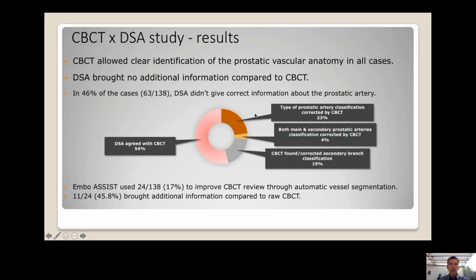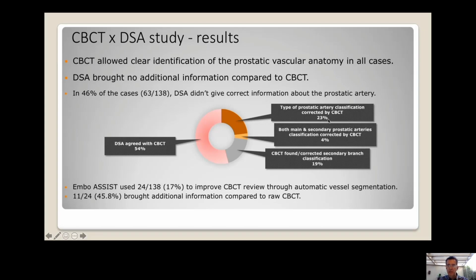We saw that in close to 46% of the cases, DSA did not give correct information about the prostatic arteries. So this 46% that was different when we correlated Carnevale CT to DSA was really important.